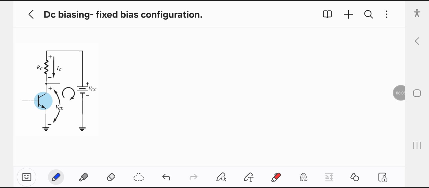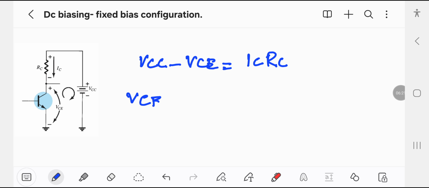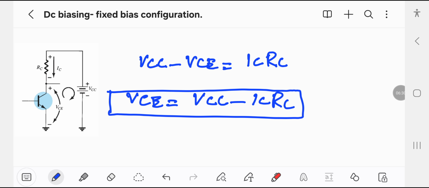So the voltage source here is VCC minus VCE is equal to ICRC. Now VCE is equal to VCC minus ICRC. So VCE can be found from this equation.